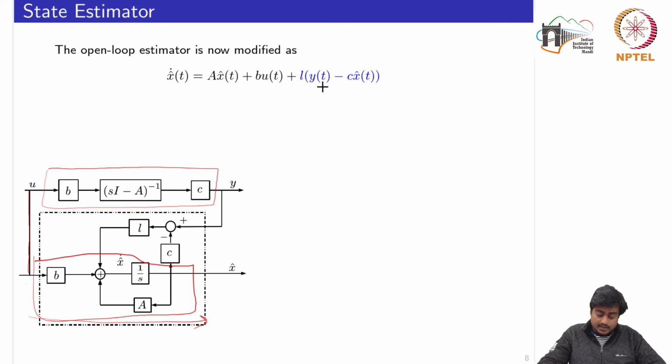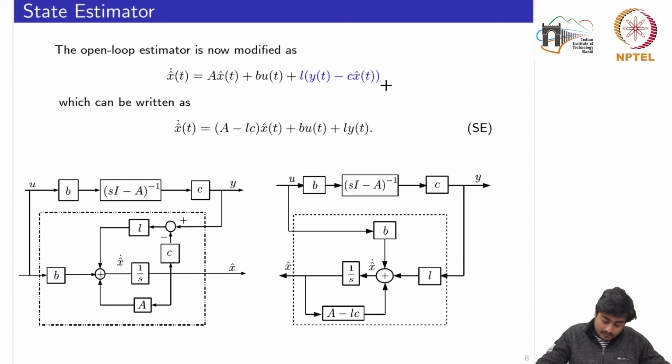I can parameterize this equation to extract some nice features of this introduction. Once you replace y hat by C x hat, I can club this term and this term, so I would have a minus L times C with a common factor x hat.